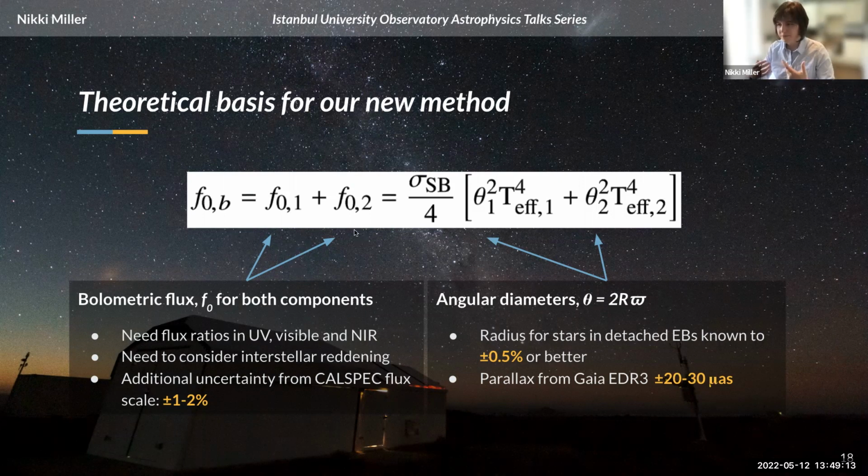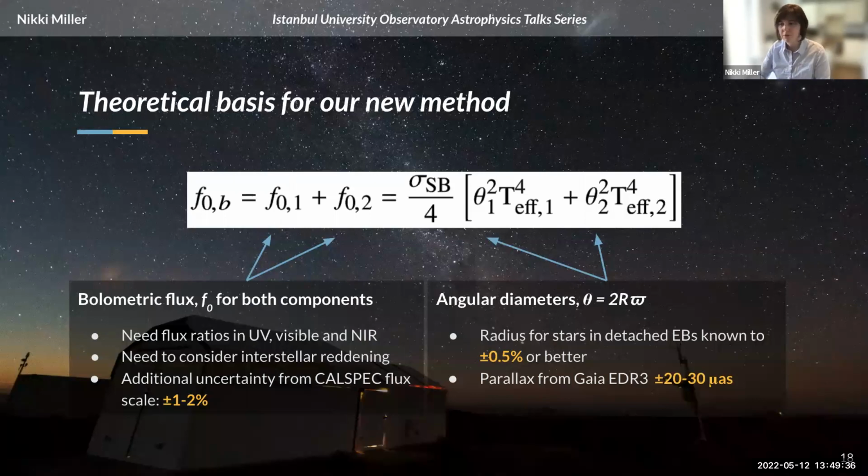In order to determine that for both stars in an eclipsing binary, we can't just take some photometry and construct an SED. We need to understand how much light in each wavelength comes from each star. So we need to have as many flux ratio measurements as we can.